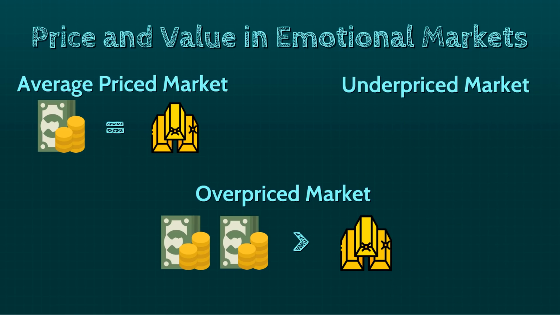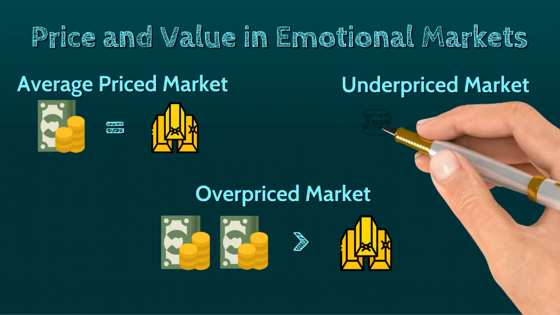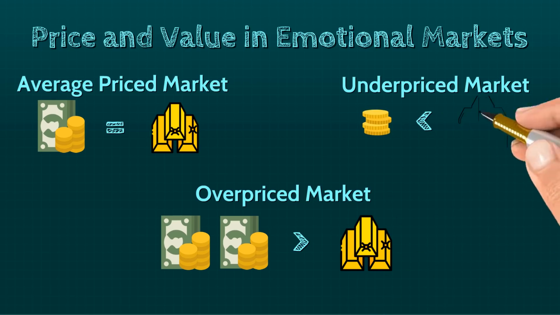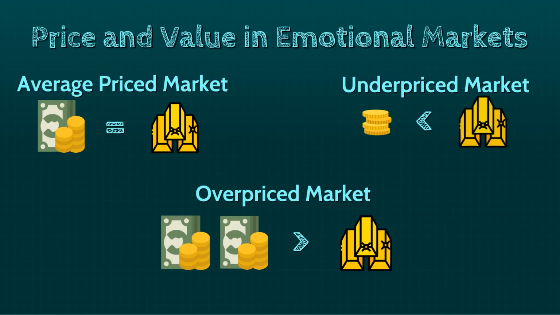Our third example here is an underpriced market, also sometimes called an undervalued market, but the meaning is exactly the same. In this situation, people believe the company will perform much worse in the future than how it's currently doing. These people are usually over-pessimistic.